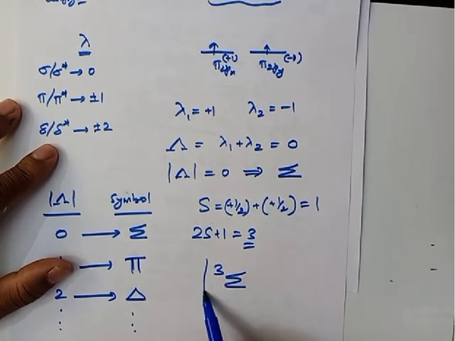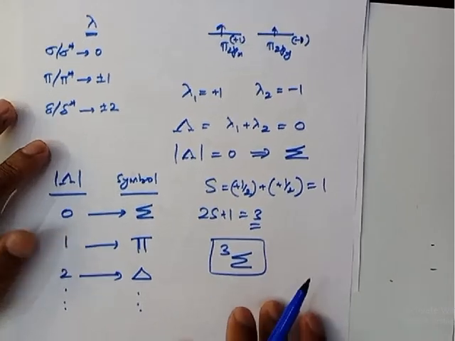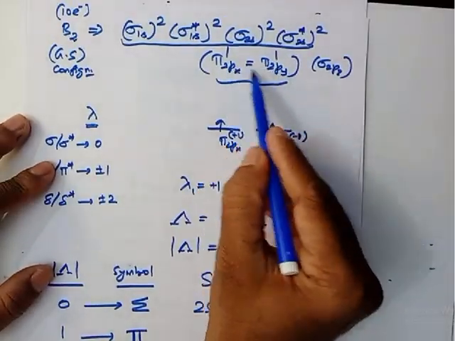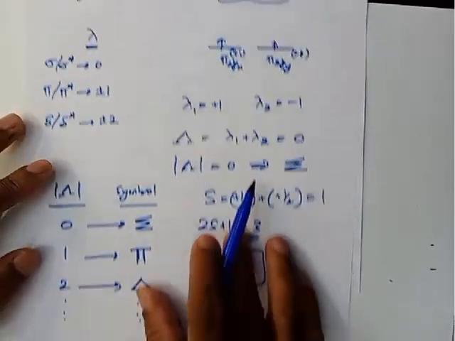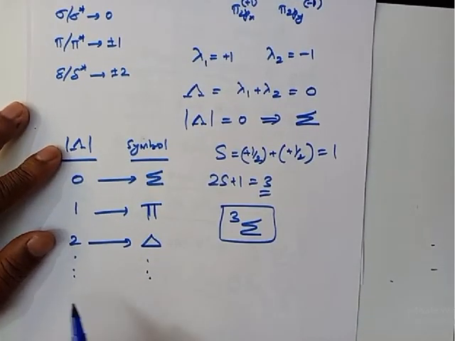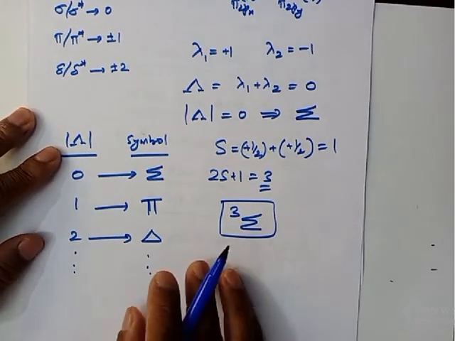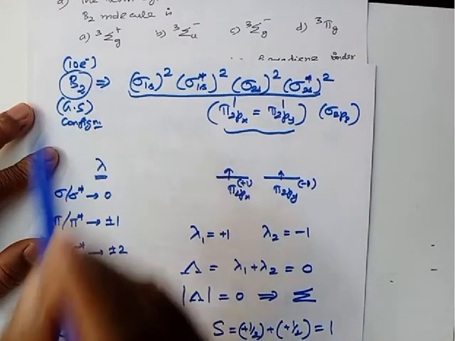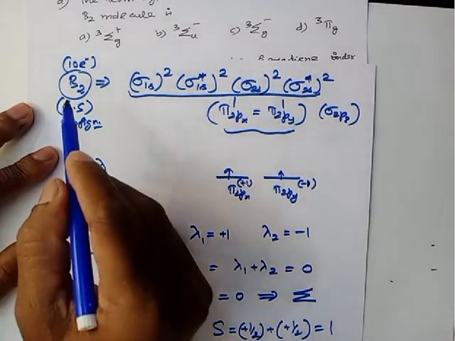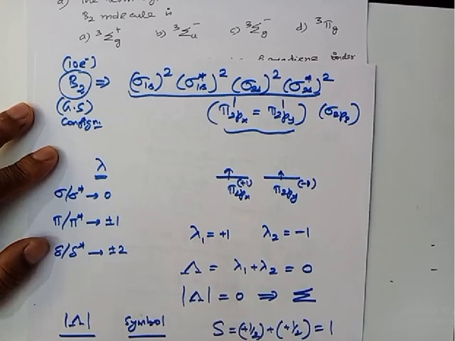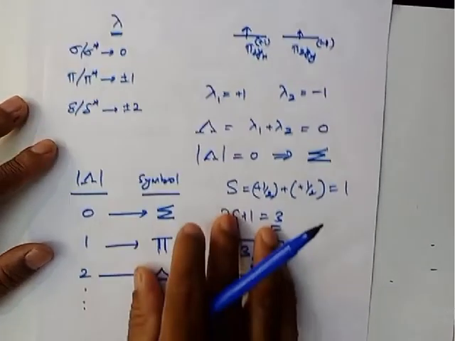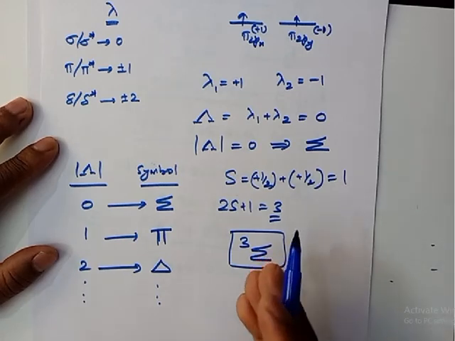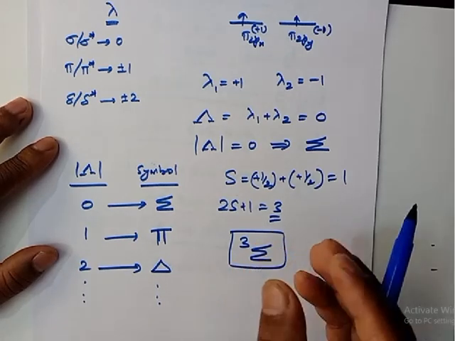Then we have a few more steps to go. See, the electrons are present in pi orbitals. Remember, we need to find whether it is gerade or ungerade, because the molecule is a homodiatomic molecule. For a homodiatomic molecule, a center of symmetry is there. Therefore, we must indicate in the term symbol whether the state is symmetric or antisymmetric with respect to the center of symmetry.